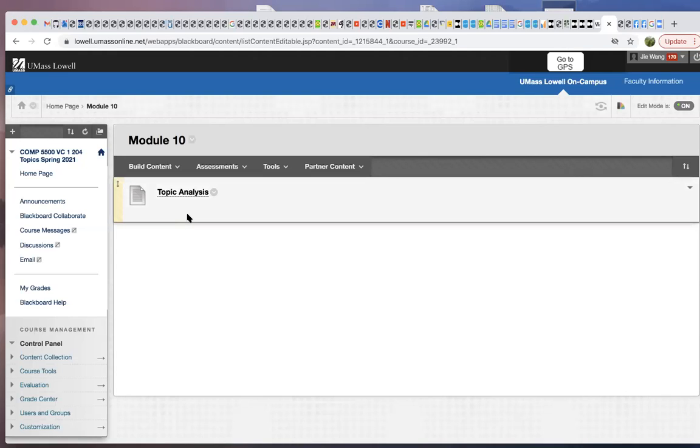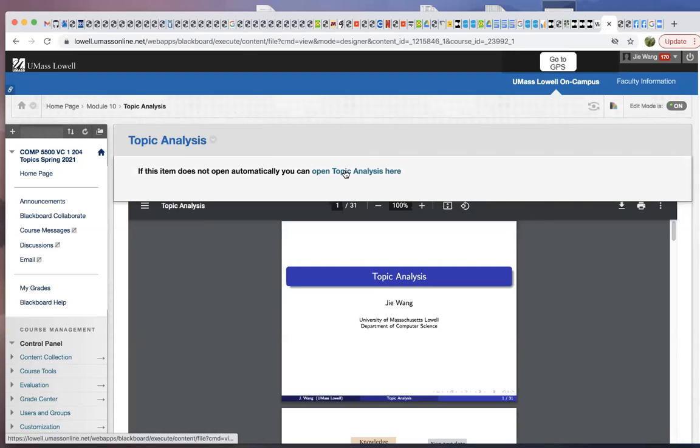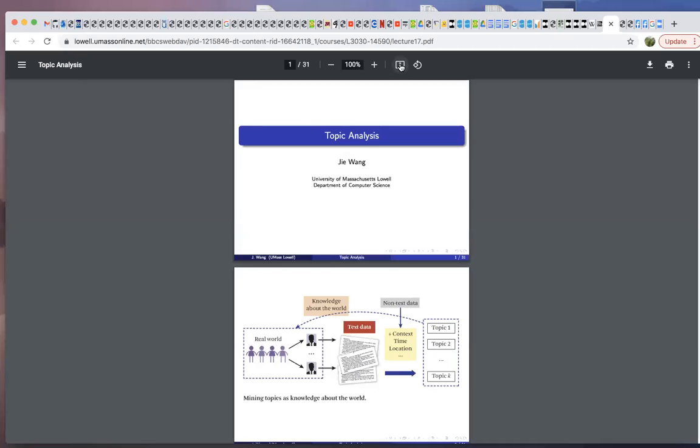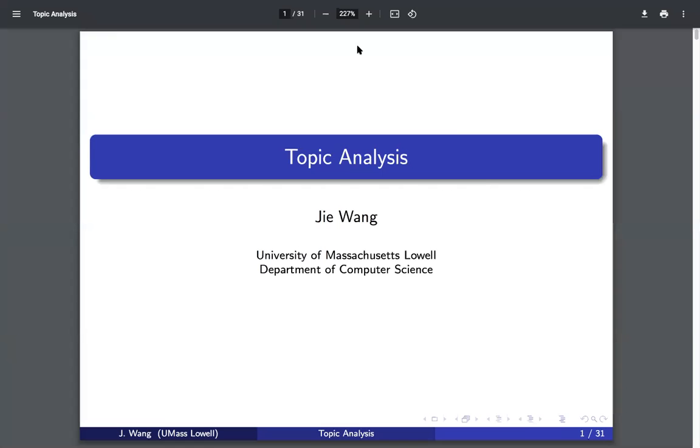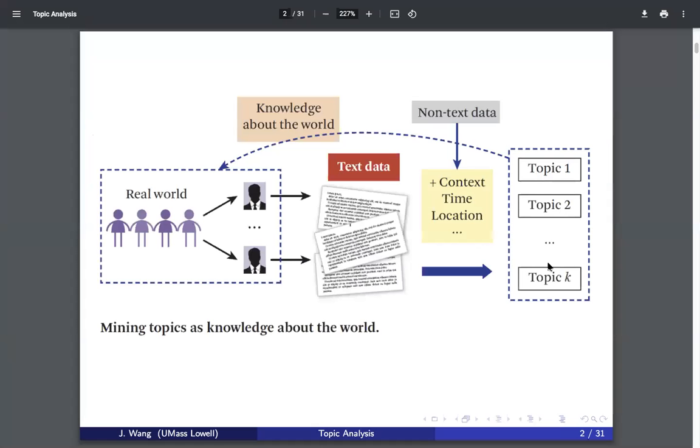That's called topic analysis. Some people call it topic modeling, but they just mean the same thing. Okay, so let's see what we are trying to do here.